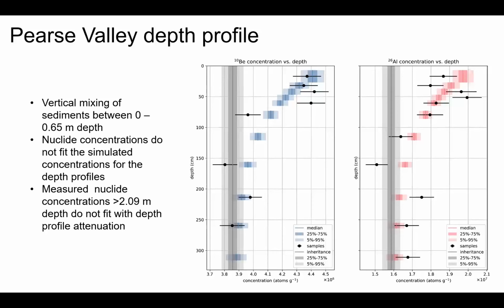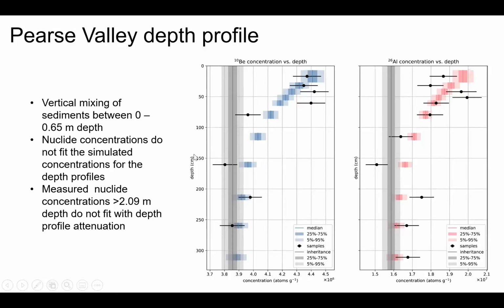So what we found here was you have this mixed uniform layer in the upper 65 centimeters, and then you see this attenuation, but then there's a sawtooth below 200 centimeters, both in the beryllium and in the aluminium, and so this doesn't conform with an attenuation profile.